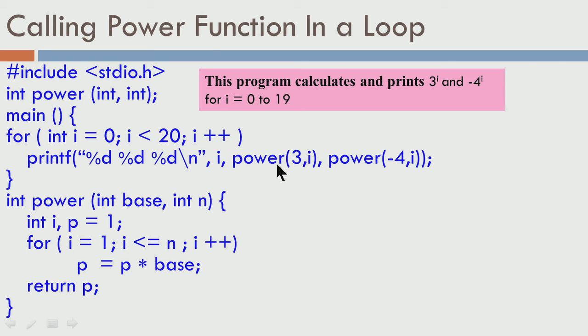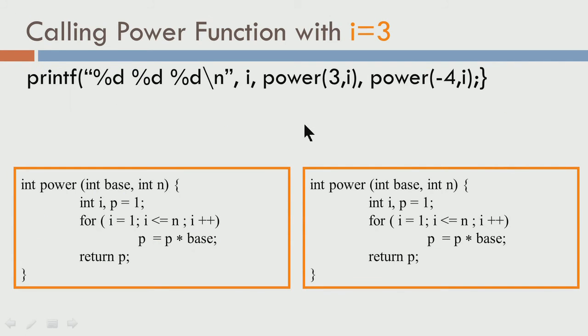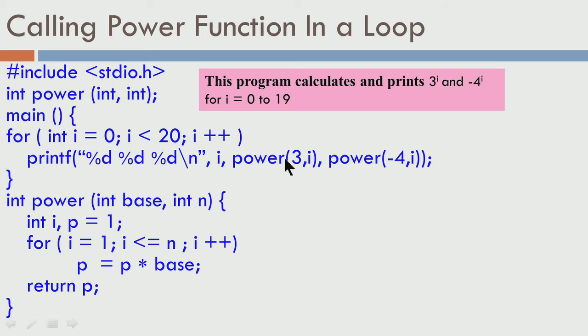So when you see power of 3 comma i, it makes a function call for 3 power i, it computes the result, you get the result back, and then you have power of minus 4 comma i; this power function computes the result, it comes back. So you have i which comes from the loop, 3 power i from the power function, minus 4 power i from the power function. printf has all the values that it requires, it would print things on the screen, and then the control comes to this location.